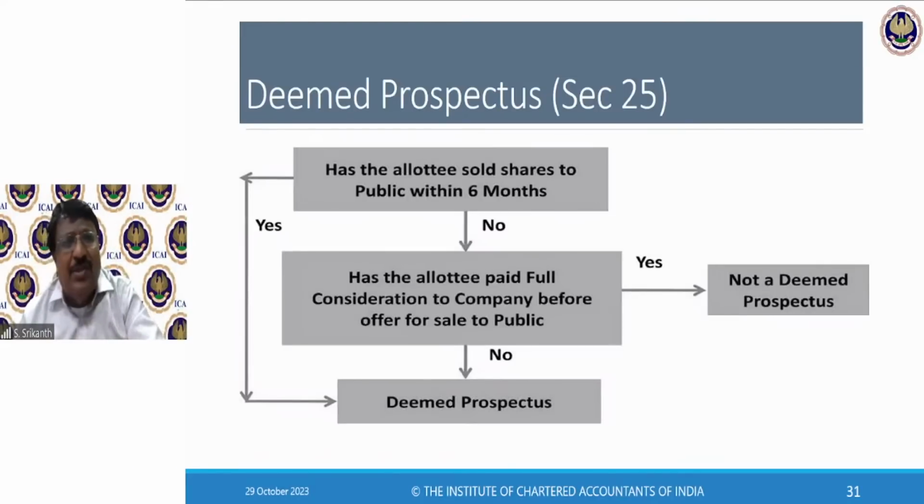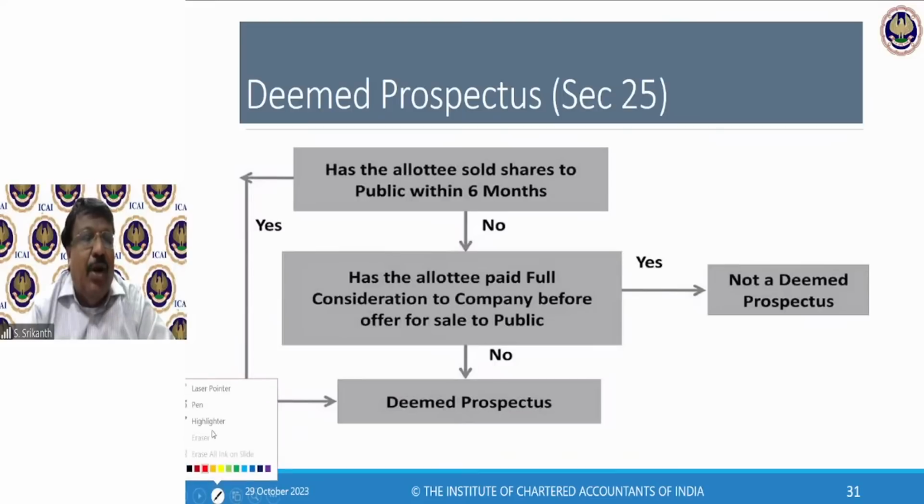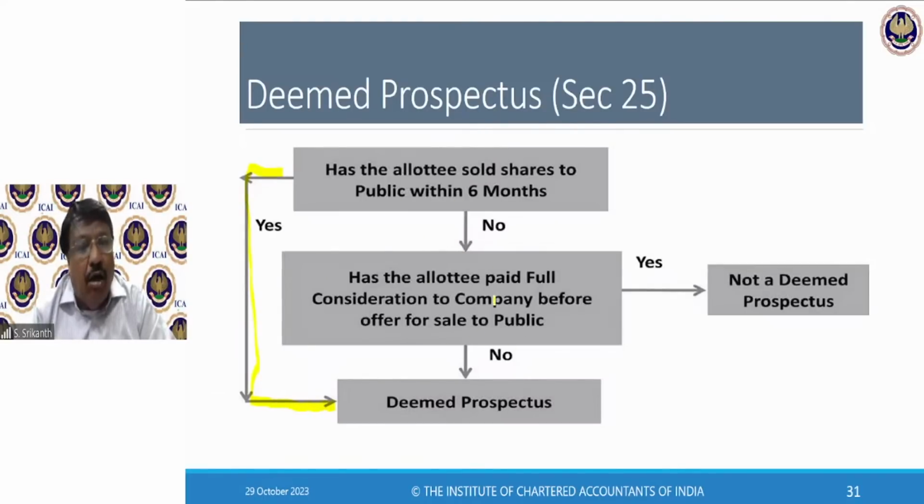If within 6 months, whether the consideration is paid or not, doesn't matter. Straight away, you see that, yes, now. That is the point you have to remember. By doing what you are doing now, you'll only get confused. In this case, it doesn't matter whether the consideration is paid or not, because even if this one condition is triggered, straight away it becomes a deemed prospectus.